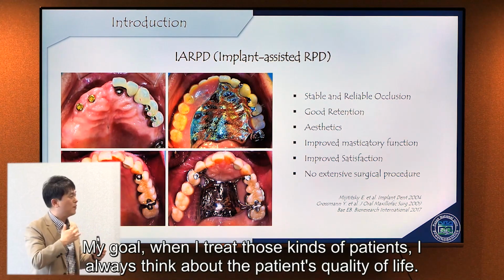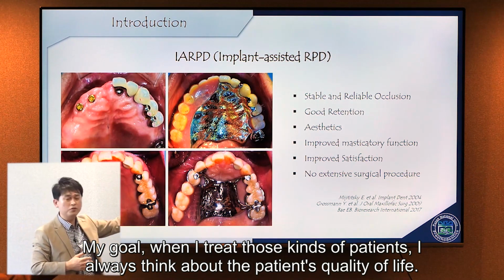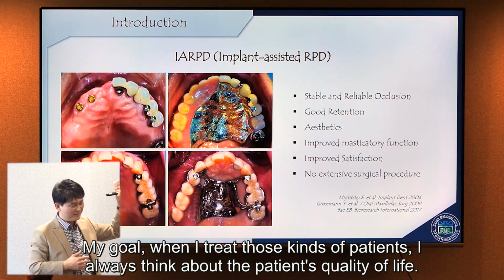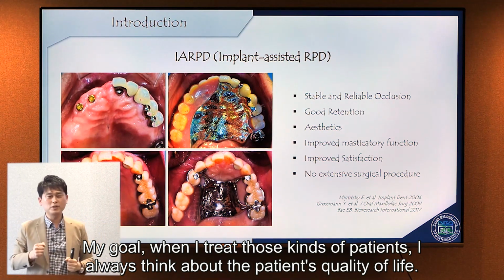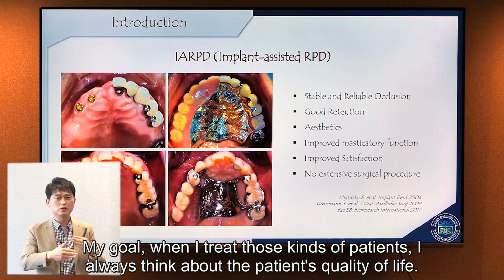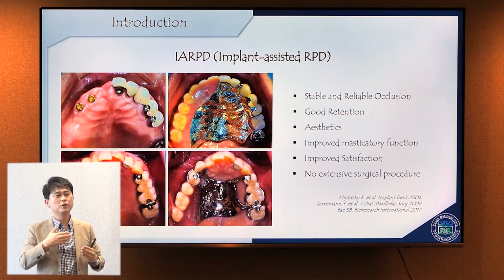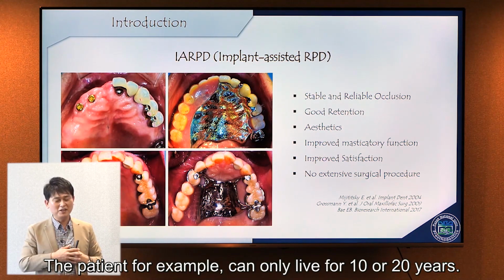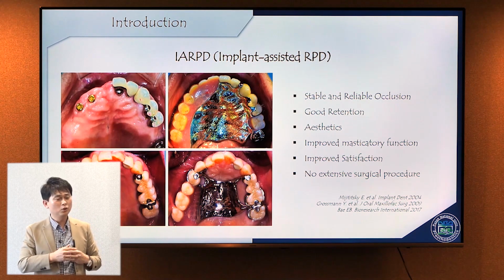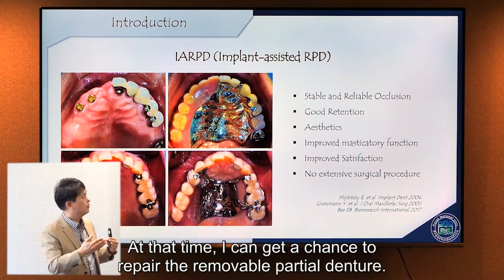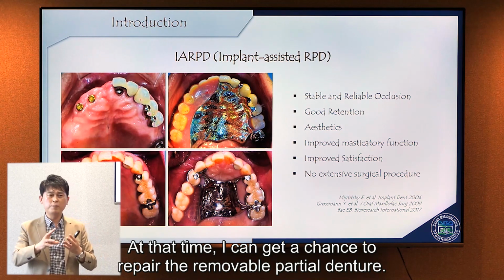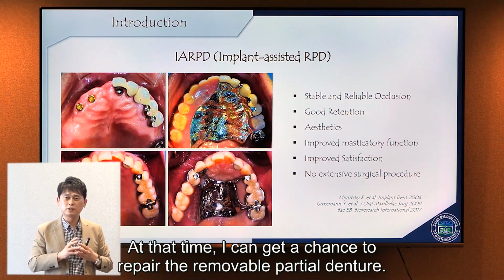Anyway, my goal when I treat those kinds of cases, I always think about the patient's quality of life. For example, the patient may live only about 10 or 20 years. So at that time, I can give the chance to repair the removable partial denture.